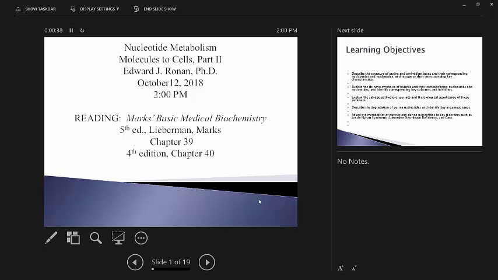There are breakdown pathways which are more complex and have more errors of deficiency diseases in the pathway. So for instance, the breakdown of methionine is to homocysteine by that methylation process.